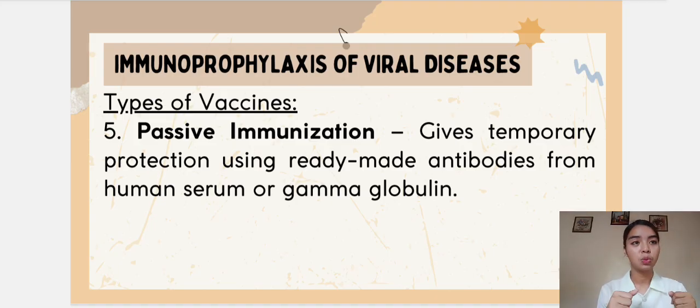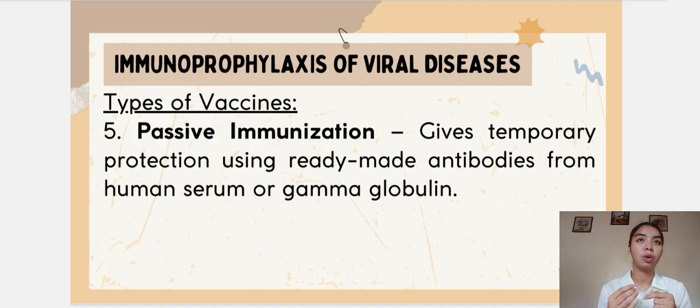So a good example of this is when we got bitten by a dog. Ina-advise agad nila na pumunta tayo sa pinakamalapit na center para makapag-take ng rabies vaccine. So that rabies vaccine is a passive immunization, meaning it has rabies antibodies para i-fight nung antibodies na yon yung rabies virus na pwedeng mag-spread out through our body to its targeted organ, which is the brain.